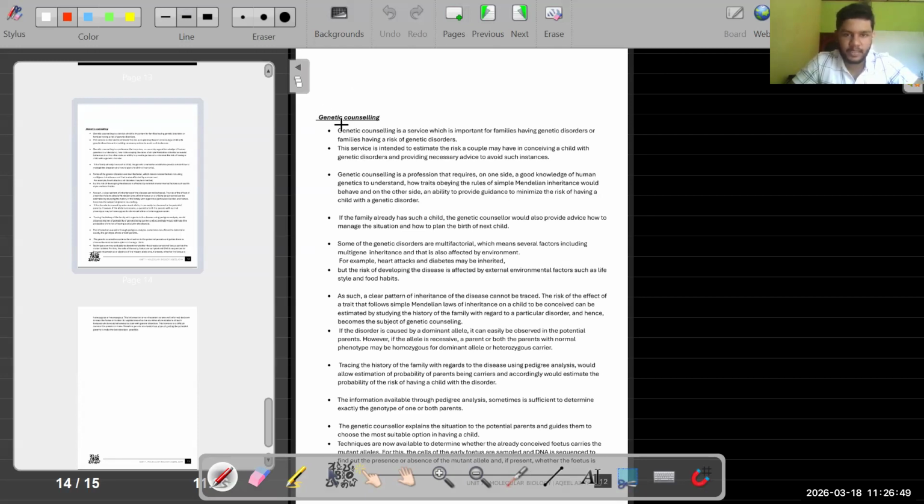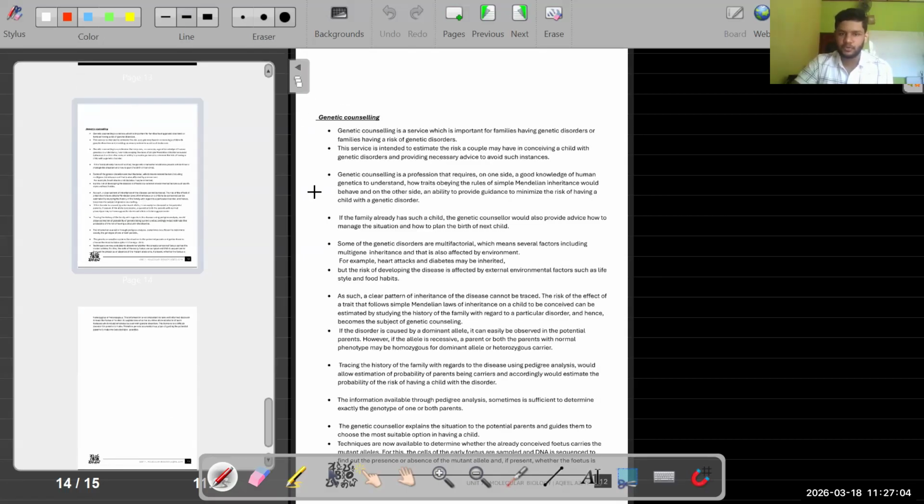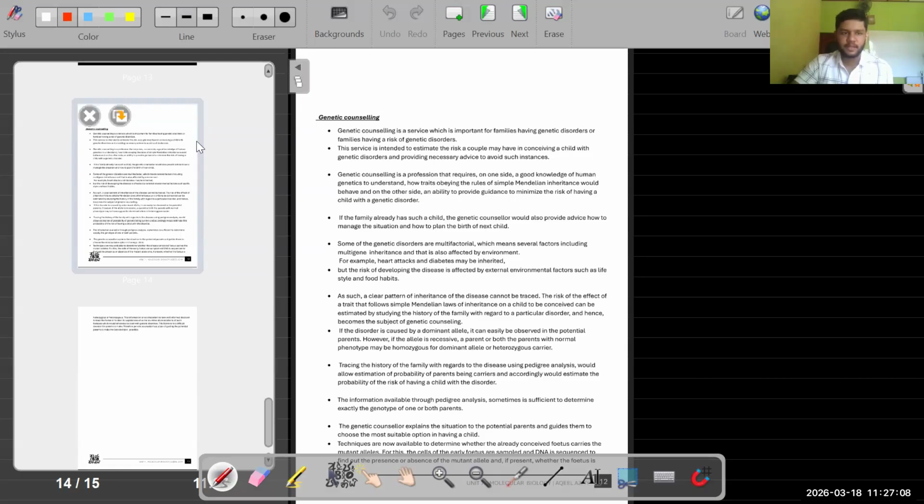They won't be asking in detail what genetic counseling is. They'll just be asking some information. I don't think they'll be asking generally. They haven't asked for the past 15 years, only once in a structure paper. That's it, so just leisurely go through that. Or if you want me to explain it, I can also explain, which is better.